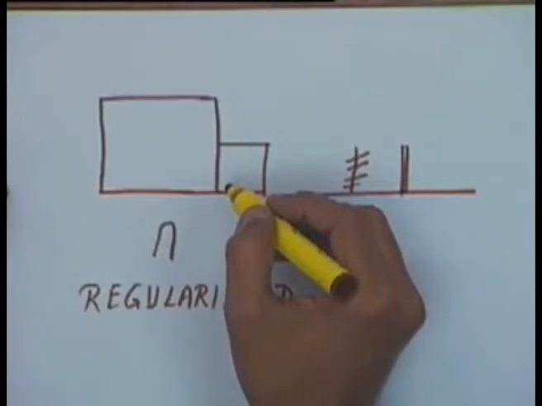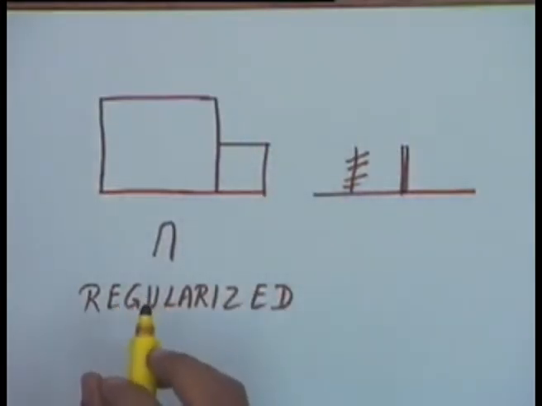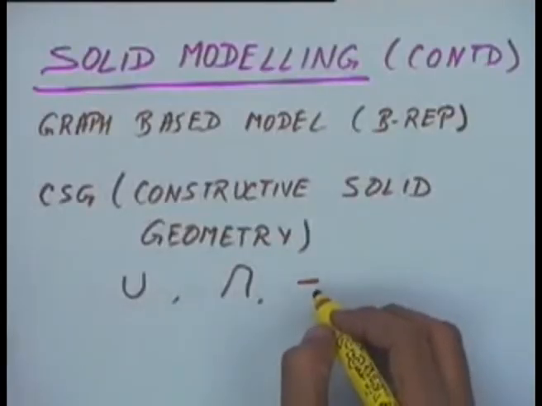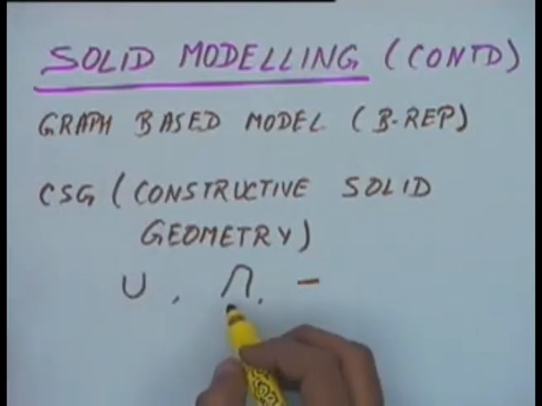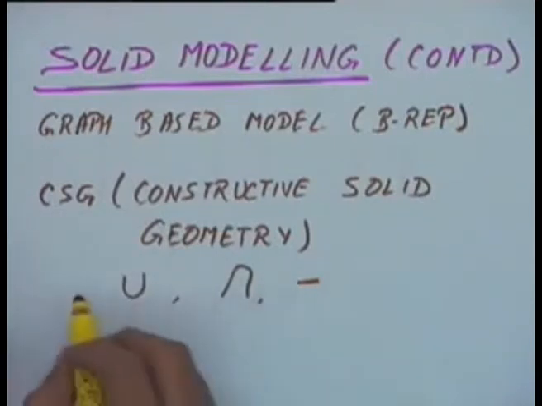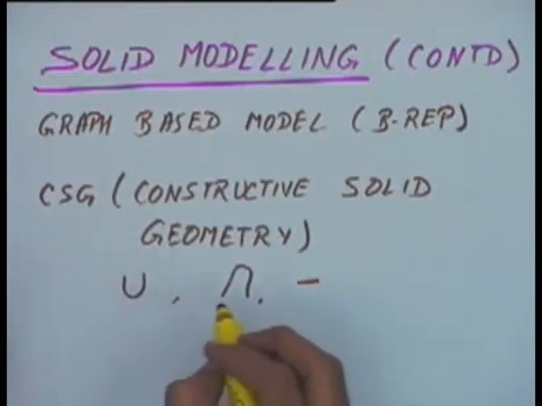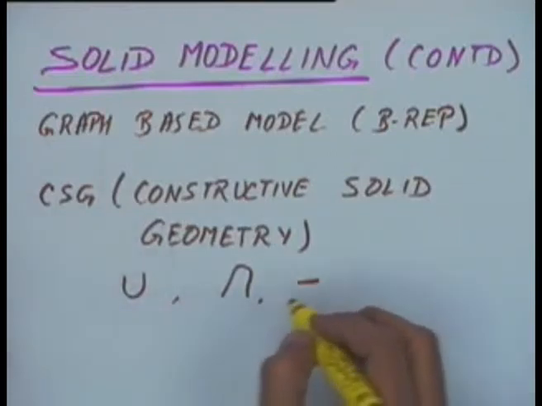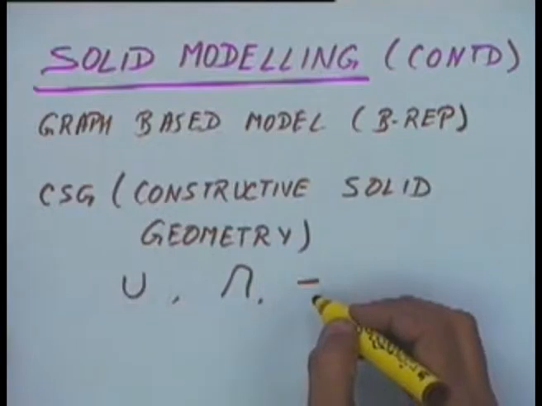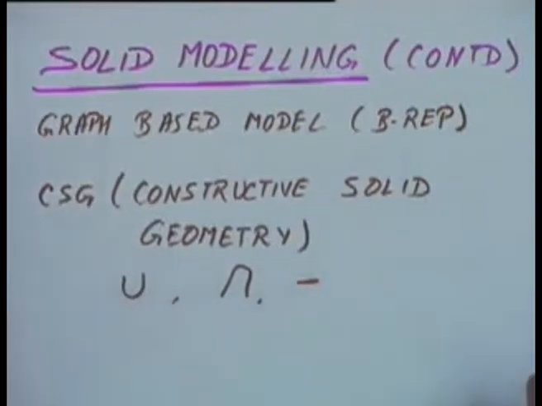Whenever we are talking of union, intersection and difference operations for a CSG model, we are always talking of a regularized union, regularized intersection and regularized difference. This is one difference between a normal Boolean operation and the operation that we use in the CSG model.